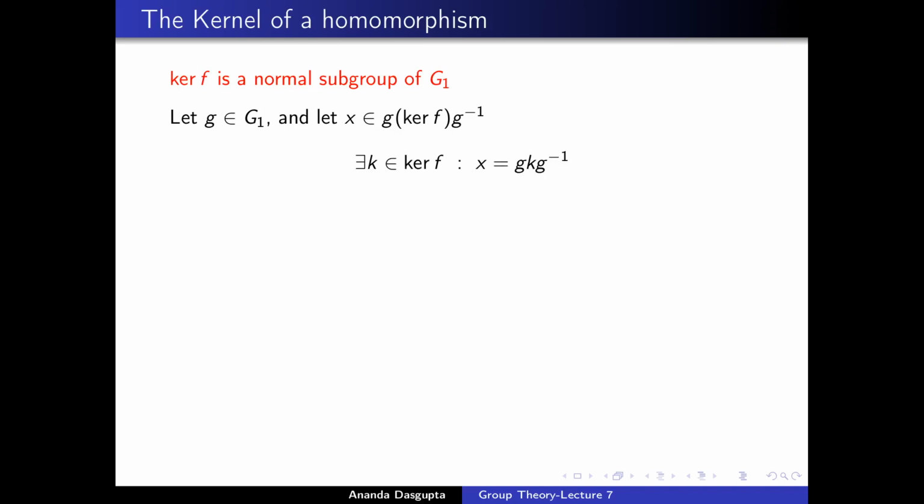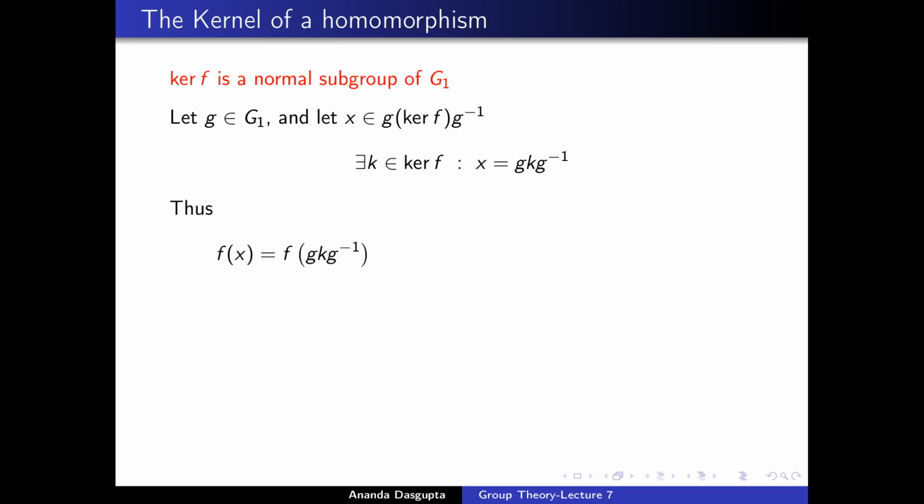So, what you need to do is start with this statement that if x belongs to g ker F g inverse, there has to be an element k in ker F such that x is of the form g k g inverse. That exactly is what the set g ker F g inverse is. So x is of the form g k g inverse, where k is in the kernel of F. Now what does x map onto?